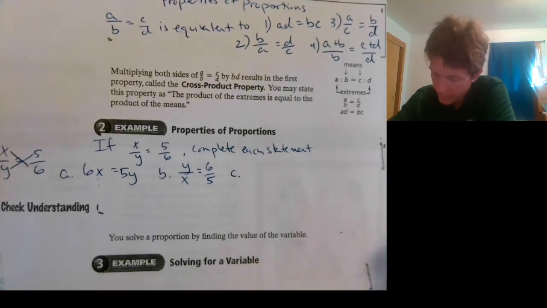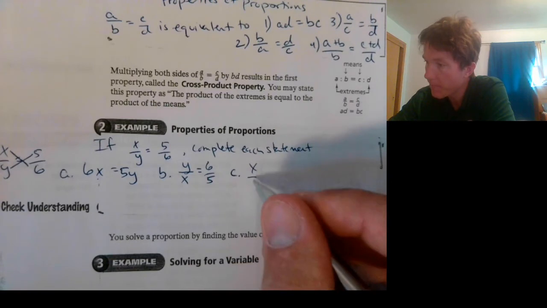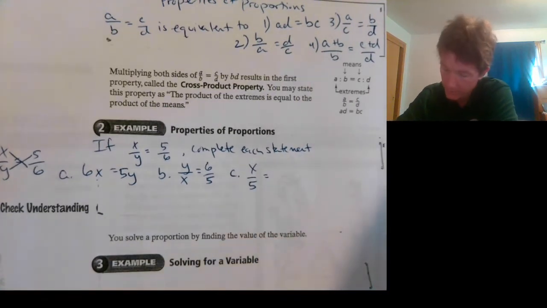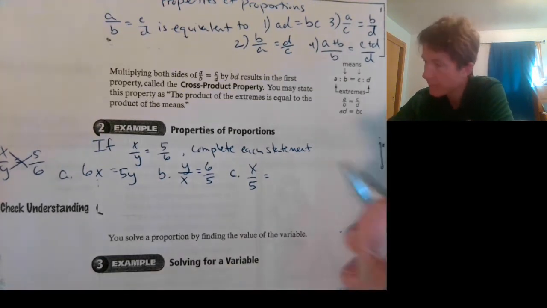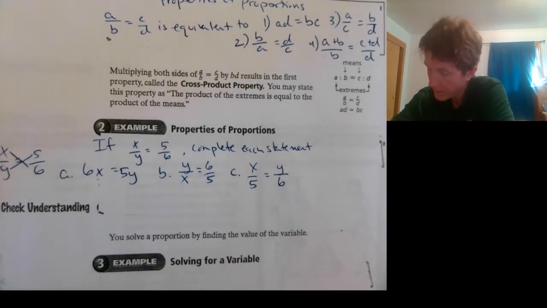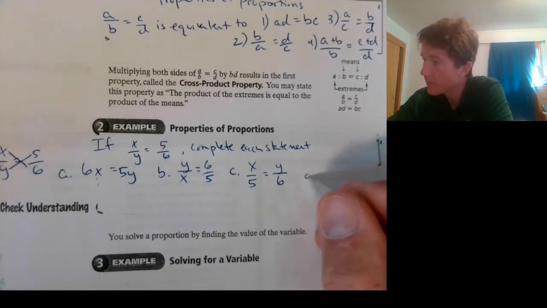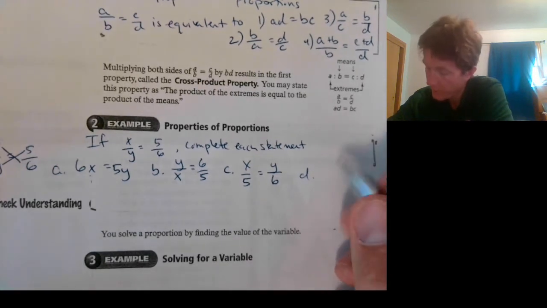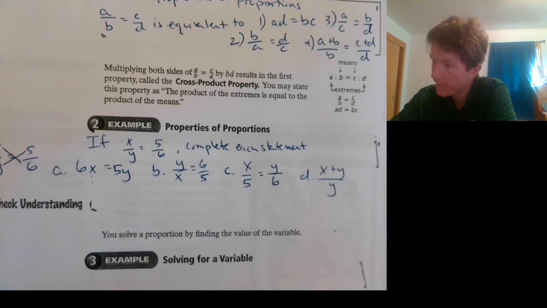Next one says x over 5 is equal to what? X over 5 is equal to y over 6. And then lastly, we have x plus y over y is equal to what?